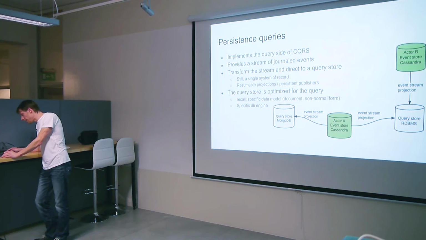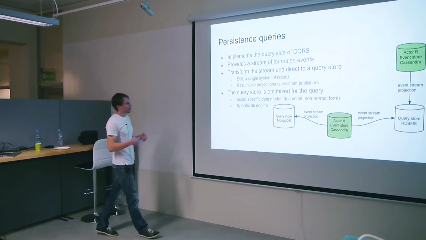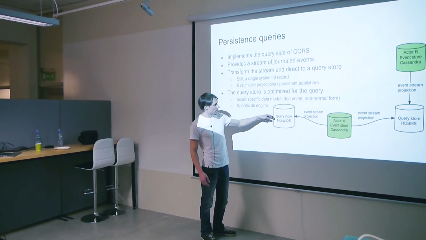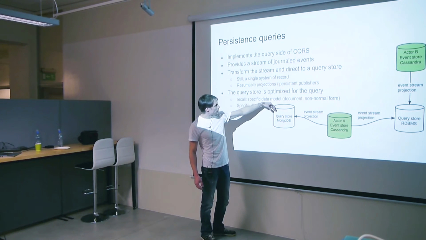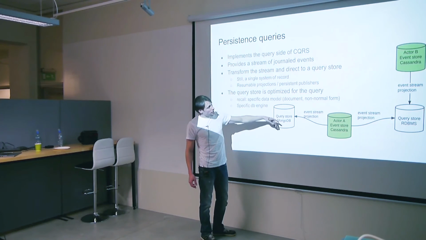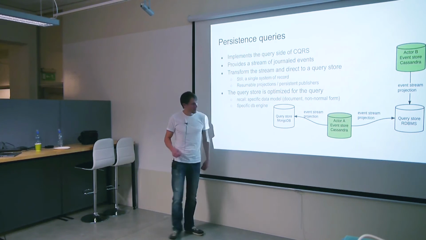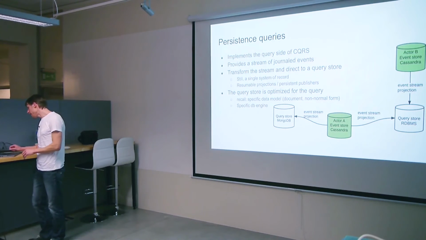Another thing to note here is that the query stores are totally tailored for the query that they're going to serve. If you need to query documents, use MongoDB. If you need some relational database-like queries aggregating stuff from multiple entities, you could use a relational database.